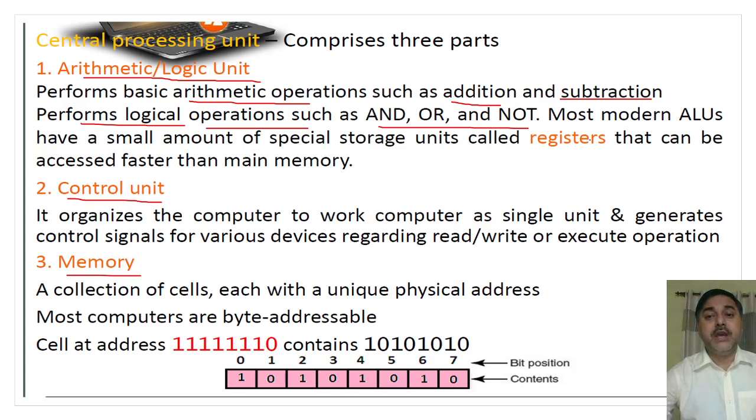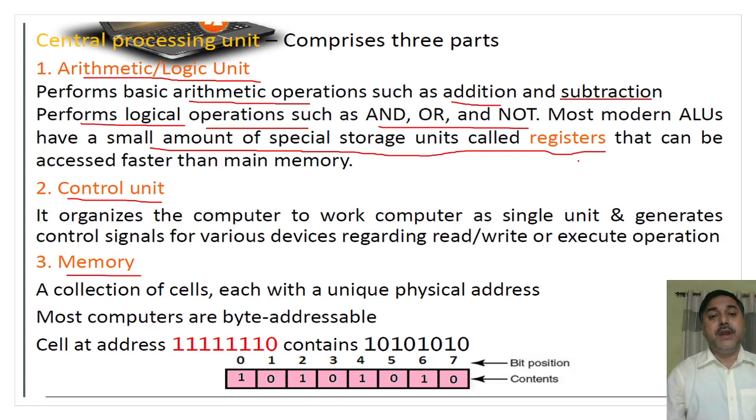As this works here, we find a small amount of special storage called a register. Modern arithmetic logic units have a small amount of special storage called a register, which can be accessed faster than the main memory.